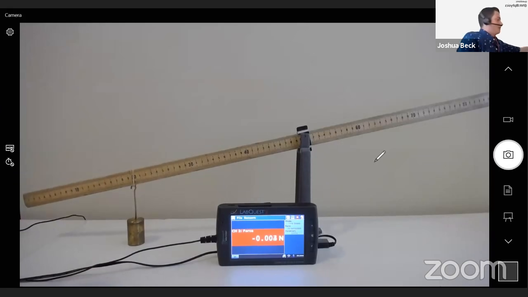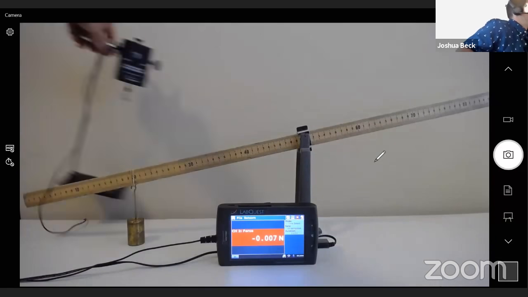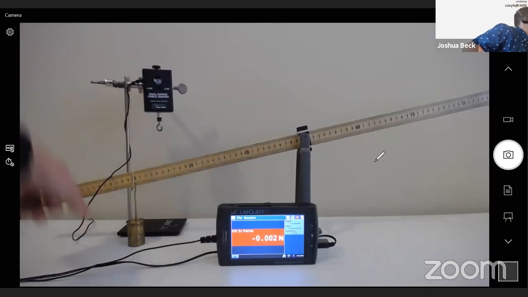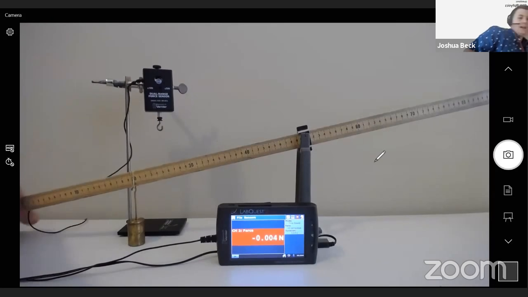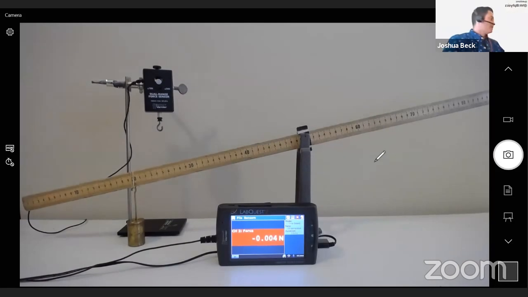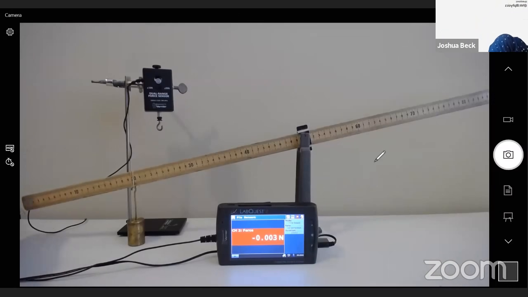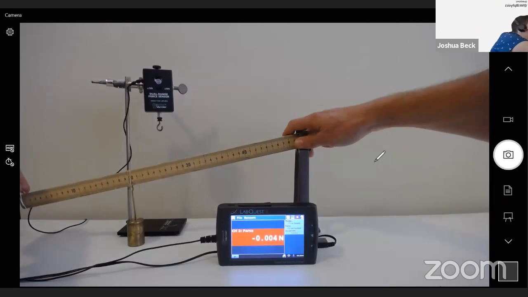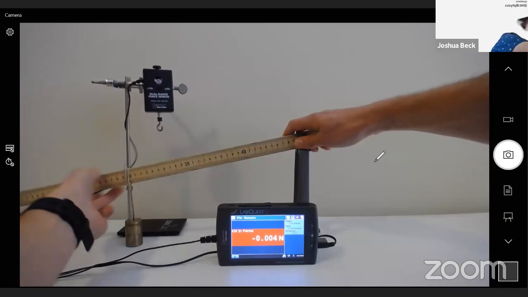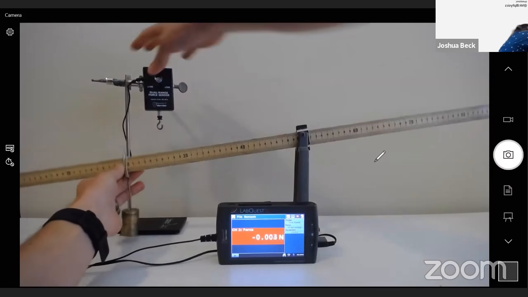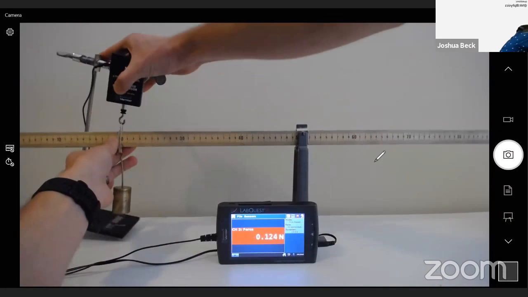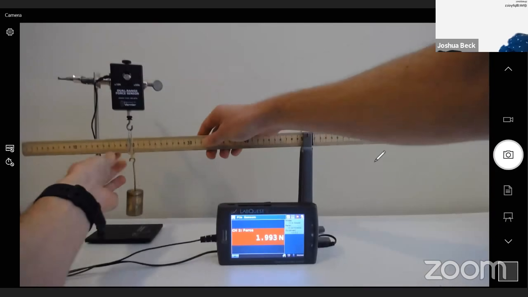So let's get our force sensor out here, start getting some values. Let's see exactly what this is going to take. While I'm setting this up, you can probably guess what force this is going to be. Go ahead and hook this little force sensor on here.